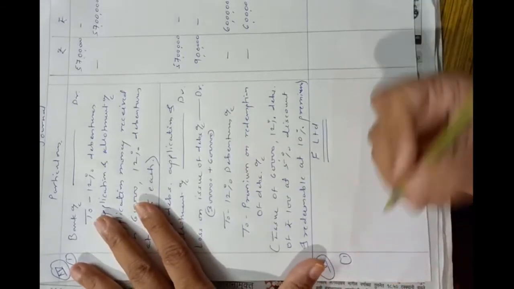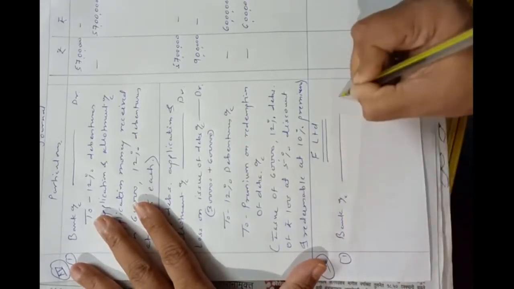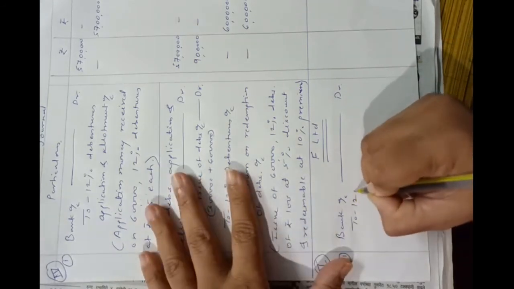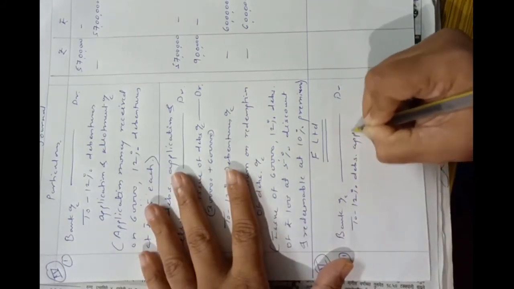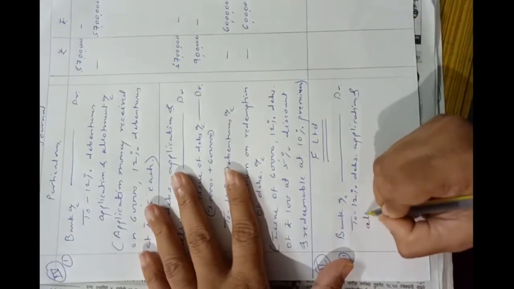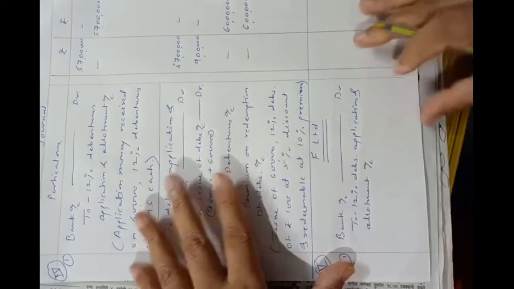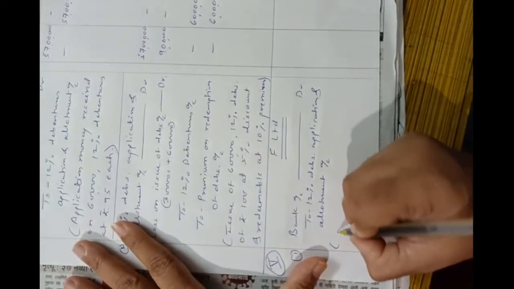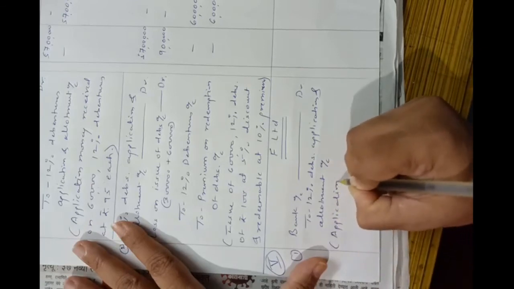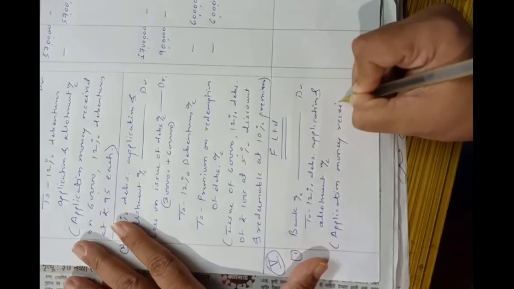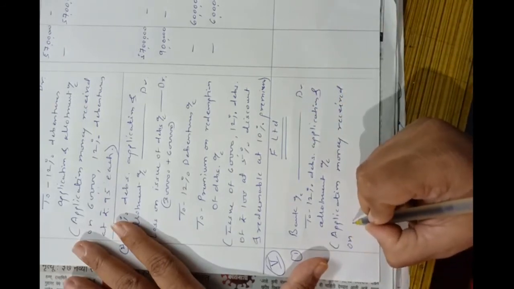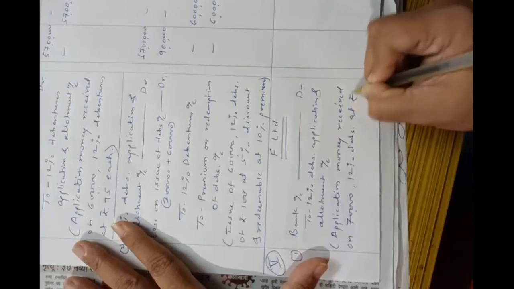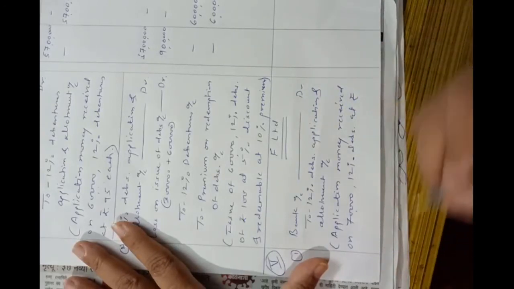So first entry will be of application money received, bank account debit to, these debentures are again 12% debentures, so 12% debentures application and allotment account, and the narration will be application money received on 70,000 debentures at ₹105 each or at 5% premium.